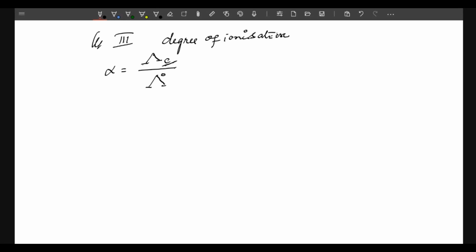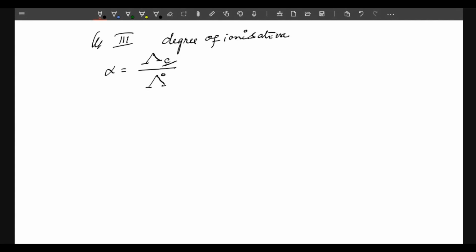We have already represented for the weak electrolyte one graphical representation, a straight line one. At that time, I told you that I am not going to derive how this equation is arrived at, but a situation arises where I have to derive that equation. You are making use of this derivation.